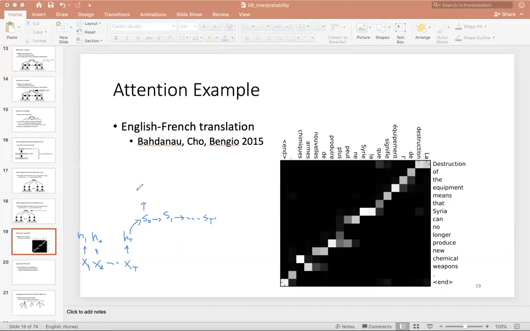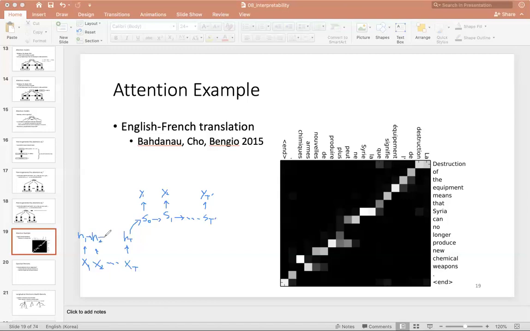And then there will be your output, Y1, Y2, all the way to YT prime. And typically your Y's, I didn't write, actually there should be arrows here.